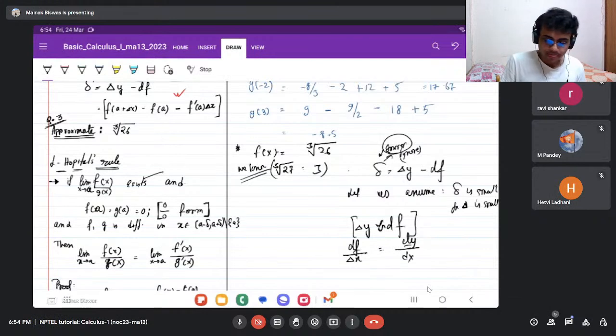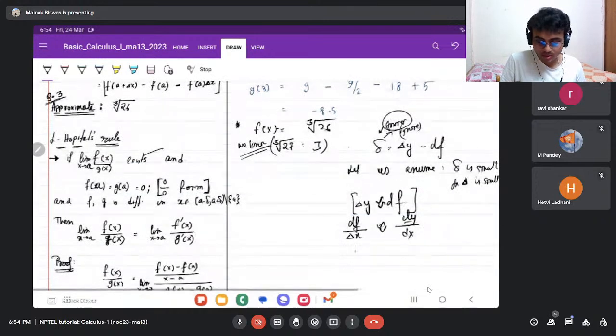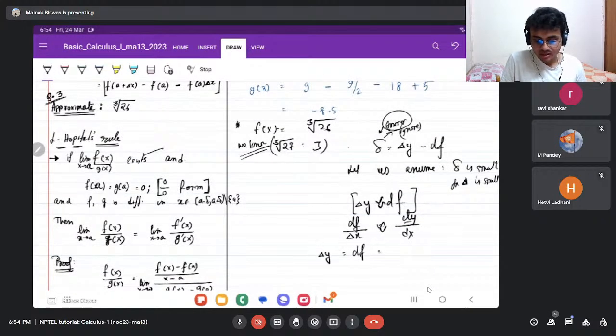So let's see. This is an approximation, I assume, right? If you see df, or your delta y, I can write this as dy/dx times delta x.